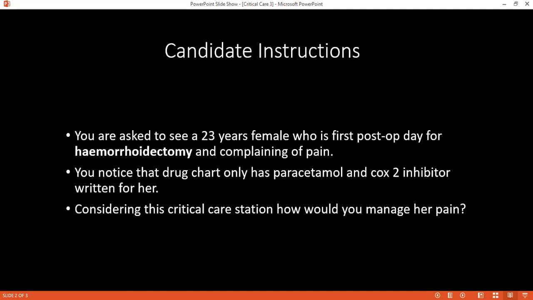So what kind of shock can the patient be in? Neurogenic. No. Hypovolemic shock. Okay, and if you are giving an epidural block, what else can happen? Um, pass.